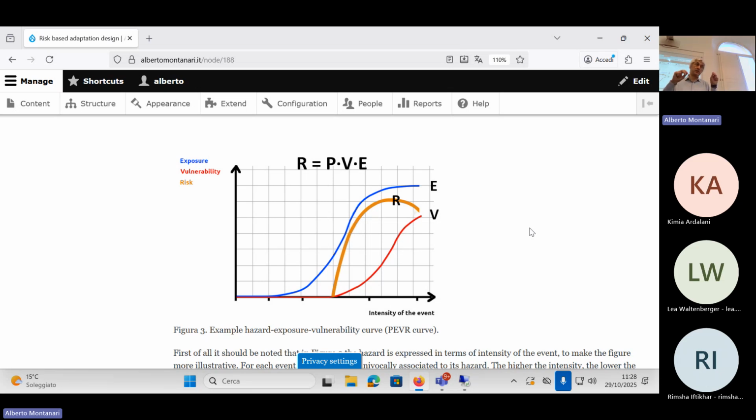But it's not directly related to climate change. Of course, climate change may have an indirect relationship, because people may migrate, may leave, or may come, but it's not a direct relationship. You just have to think, for estimating vulnerability and exposure, of the system and the behavior of the system, not directly of climate change.